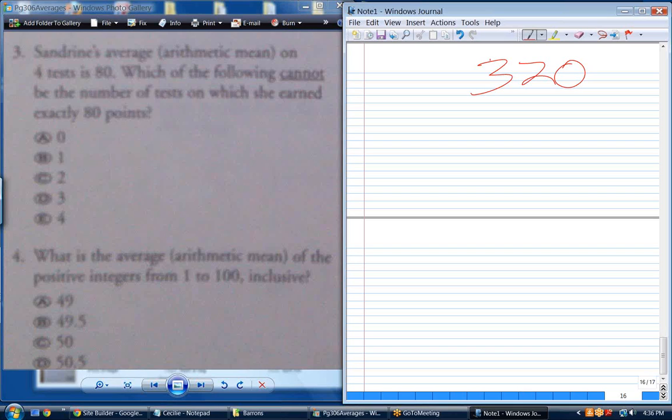Well, can it be 0? In other words, these basically are back-solving problems. Can it be 4? Yes, because then all of them would have to be 80. So 4 works. Can it be 0?